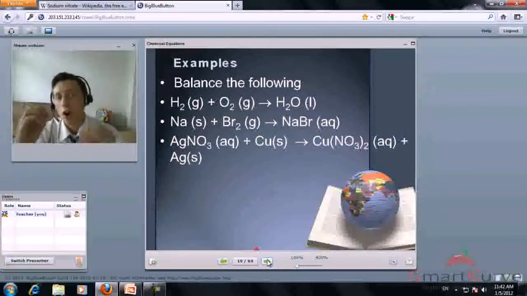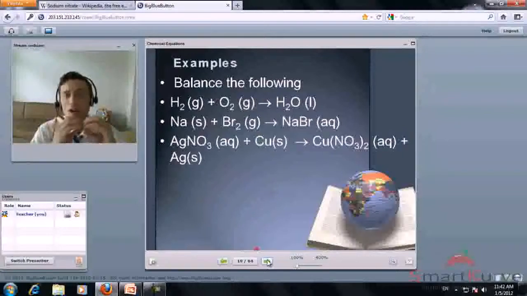Oxygen is always found bonded to another atom of oxygen. This is an oxygen molecule, a diatomic molecule, and the same is true of hydrogen. Hydrogen is never found by itself. We never find a lonely hydrogen atom. It's always paired to another hydrogen atom.